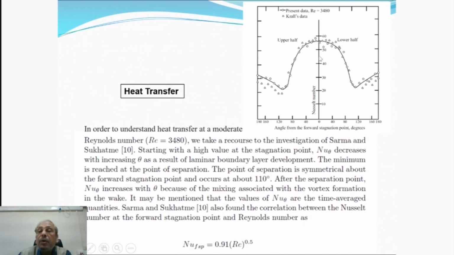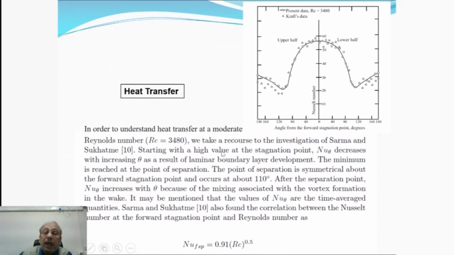Once through the lower side and another time through the upper side, so this is clearly written. This is the upper half from the stagnation point to 180 degree through the upper half of the cylinder, and then the lower half of the cylinder, again from the forward stagnation point to the rearward stagnation point.